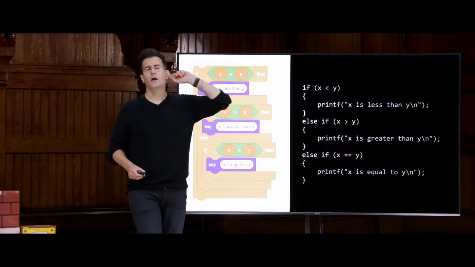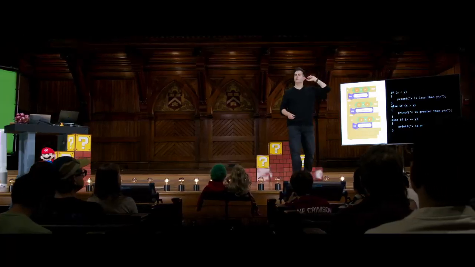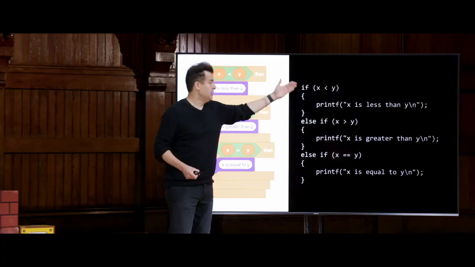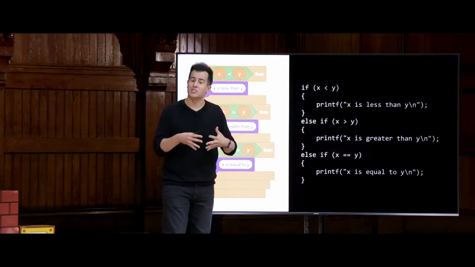Yeah, and back. Yeah, I don't need the x equals y, but why, logically? Exactly. That's just a math thing. Either x is less than y, or it's greater than y, or the third and final option is they must be equal.